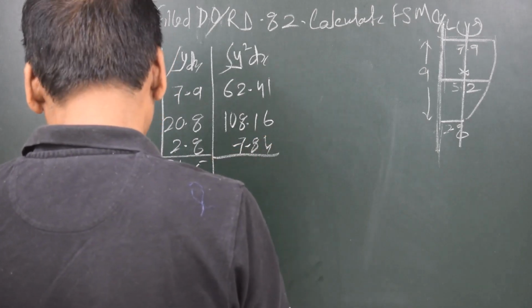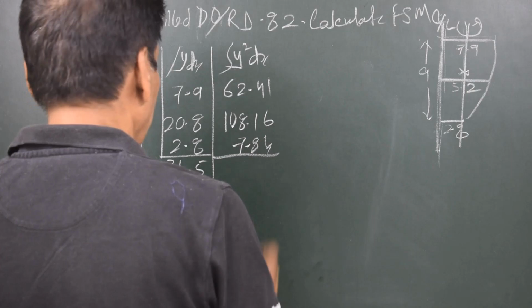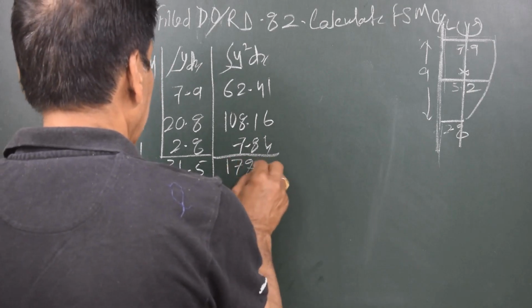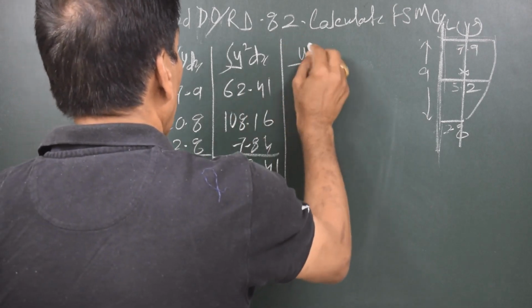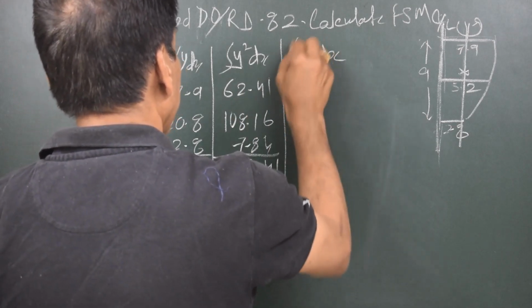The total would be 178.41. And the last column is for y cube dx.